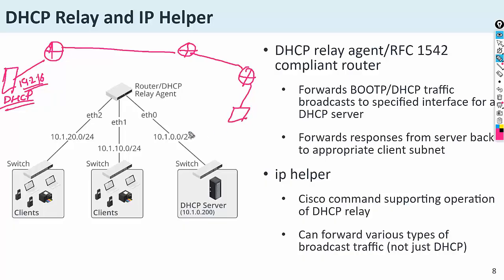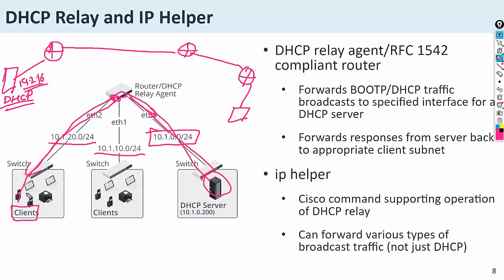If any network is here, like this is a different network, 10.1.0.0/24, here is 20, here is 10, different networks. So once any client from here sends a DHCP request, it will be forwarded on this port number and the request reaches the DHCP server, and the DHCP server provides the IP address.